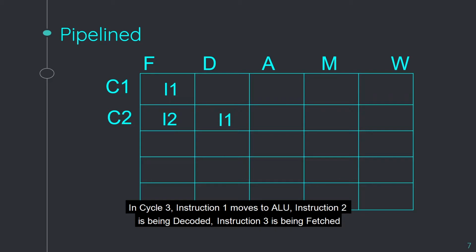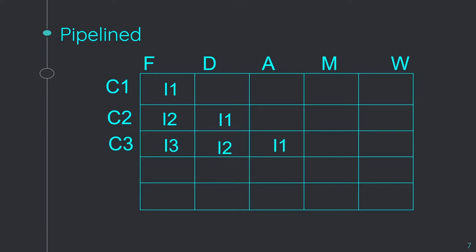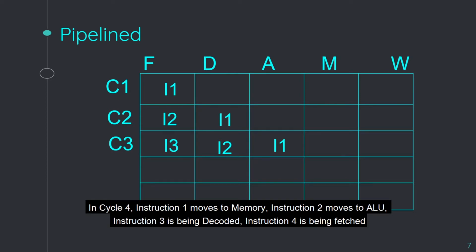In cycle 3, instruction 1 moves to the ALU, instruction 2 is being decoded, instruction 3 is being fetched. In cycle 4, instruction 1 moves to the memory, instruction 2 moves to the ALU, instruction 3 is being decoded, instruction 4 is being fetched.